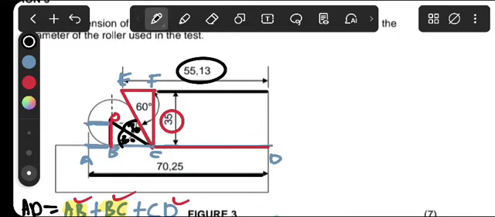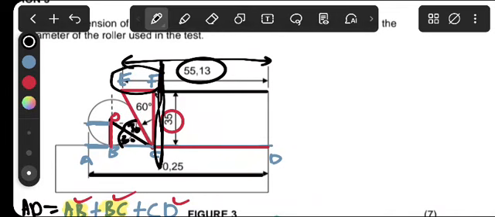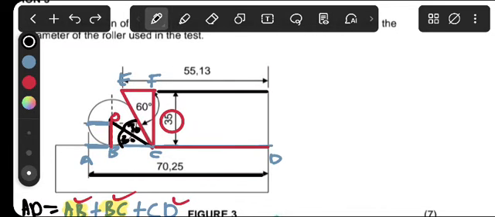Since we have this total length, if we subtract EF, we'll be left with this length, with CT.